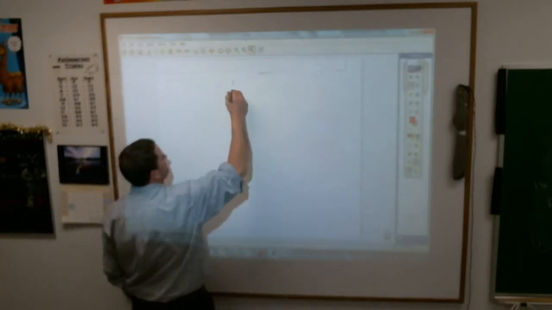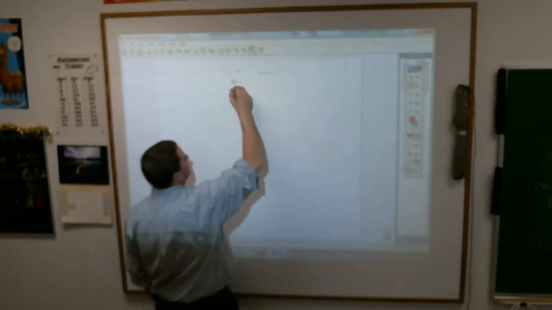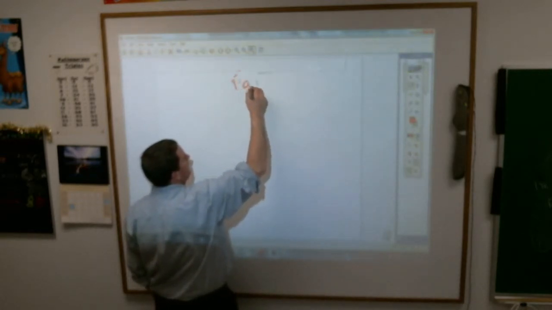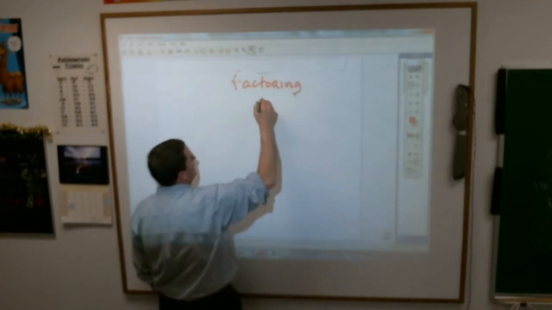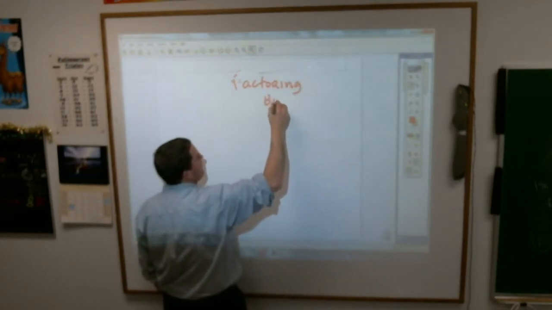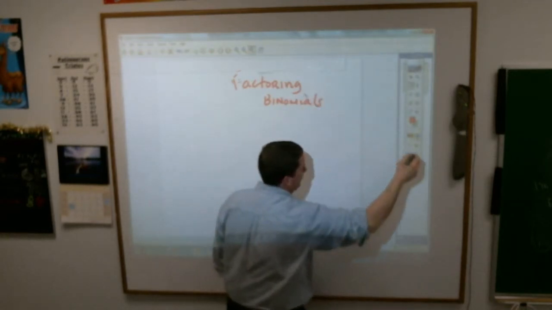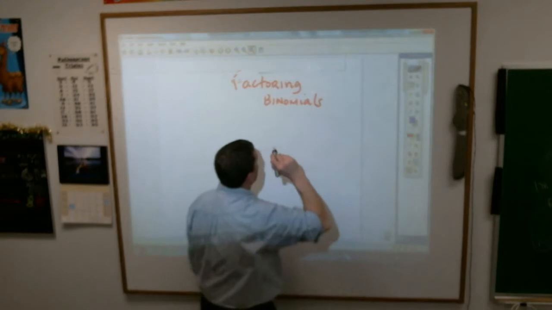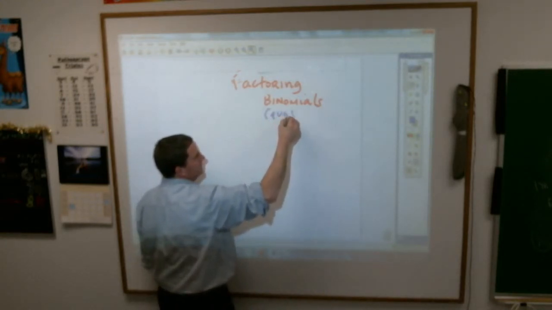Title this factoring, please. And we're factoring binomials, which also could be called factoring quadratics, because it's going to be kind of the same thing.